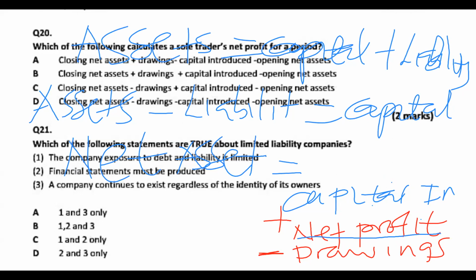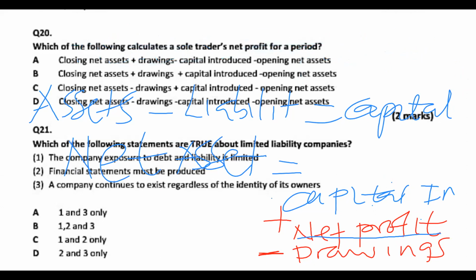Capital here is positive. When it comes to the other side of the equation, it becomes negative, right? So your equation will be net assets minus the capital, right?